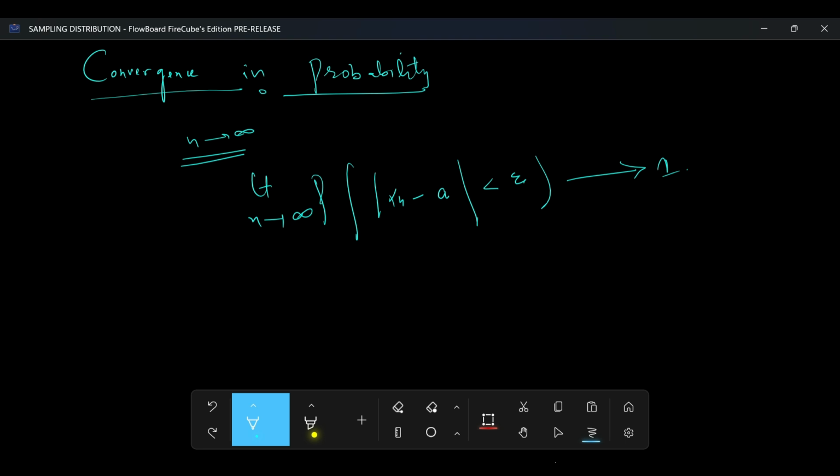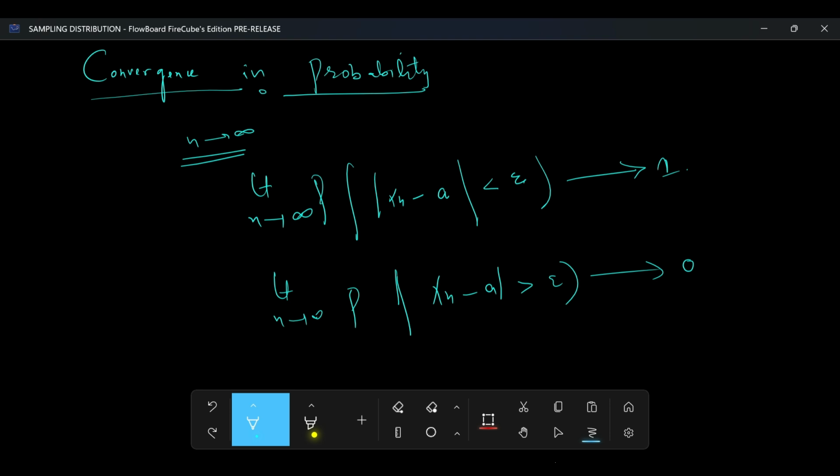Or we can say that the limit as n tends to infinity of the probability that the difference between the sequence X_n and some constant a is greater than epsilon will converge to 0. So this is the idea of convergence in probability.